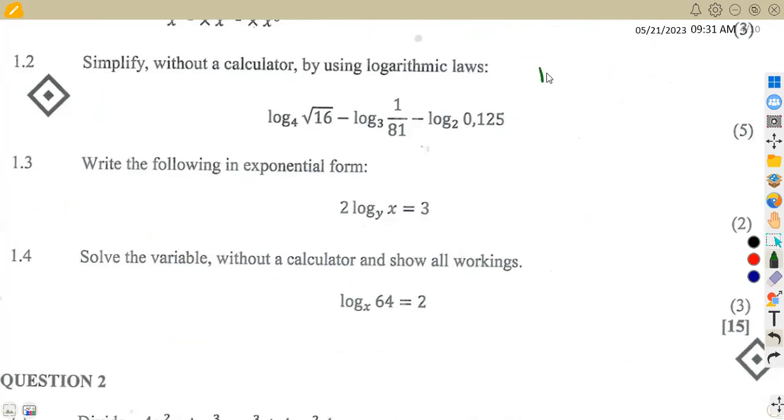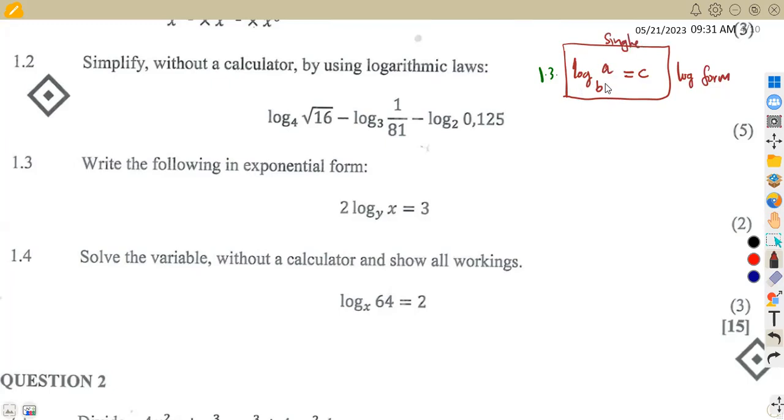All right, what you need to understand is that we can only rewrite a log to an exponential form when it is a single logarithm. So it follows that the logarithm of a, which is in base of b, when it is equal to c, this is a log form that we see here. So here we have a log form, which is a single log in this case.